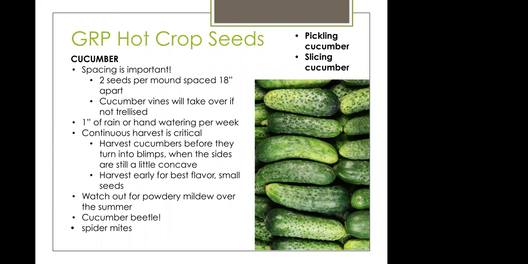Let's talk about the cucumber beetles and some pests, and spider mites. So let's start with spider mites. Spider mites are a type of mite that will have little spider webs on the leaves of your plant. You will normally see spider mites inside a greenhouse setting, someplace indoors where there's no rain.